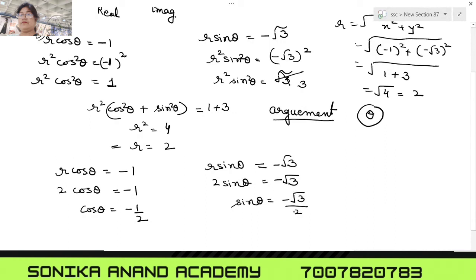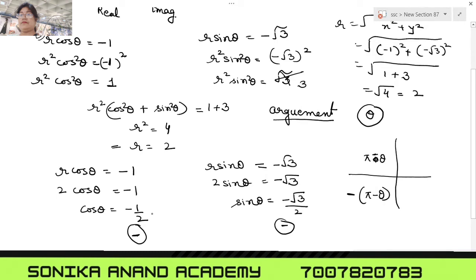Done. Now both are negative. So in which quadrant? Third quadrant. But what is the angle? For the third quadrant it is minus pi minus theta. The angle is 60 degrees, because cos 60 degree is 1 by 2.